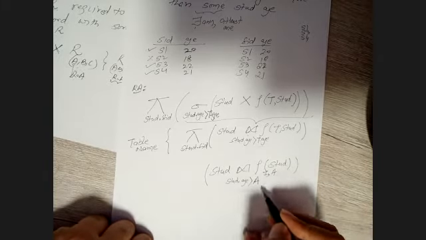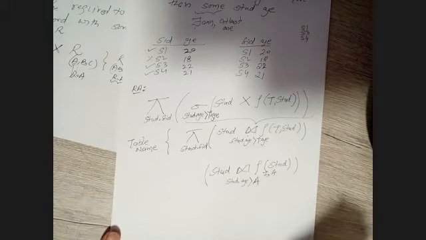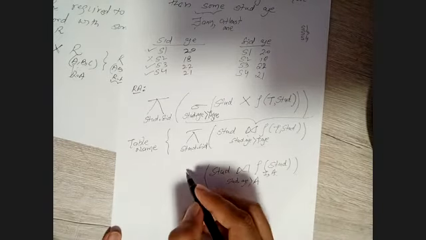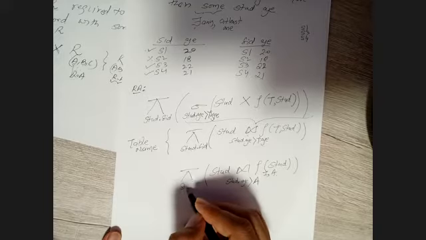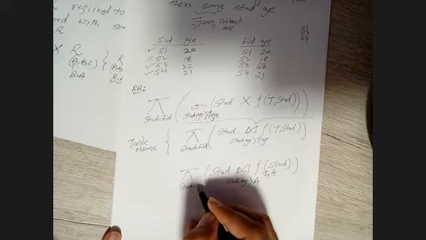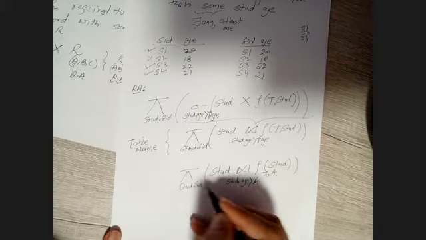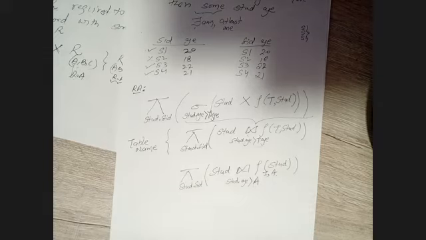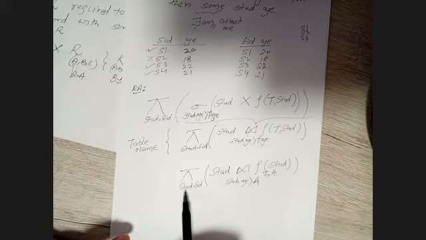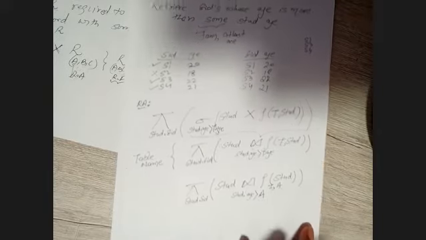You can possibly write age is greater than A as well; there is no difference. Once we have done this, I will project student dot SID or simply SID, both the same thing, because we have the same table but different attributes here. This is how we solve the question.